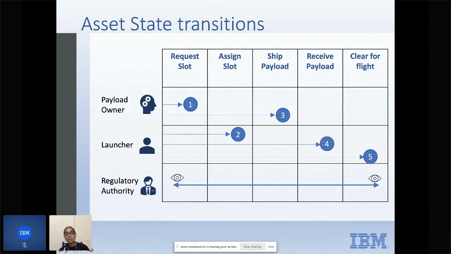Once the payload is received by the launcher, he can then update the asset that the payload has been received. And after he does all his verifications, all his certifications based on the rules and regulations from the regulatory authority, he says he clears it for flight.